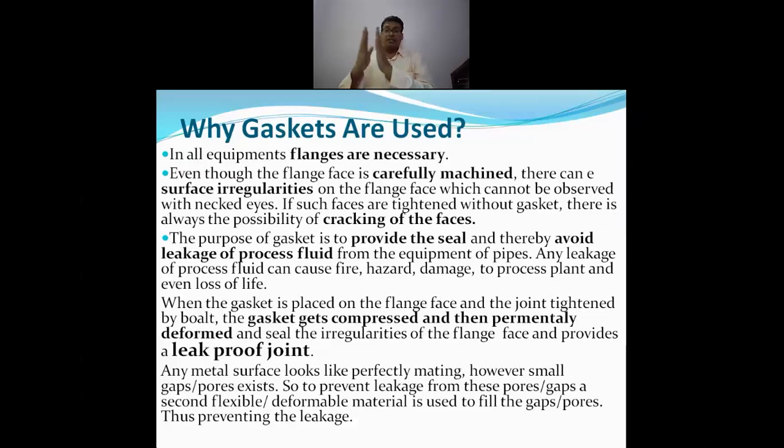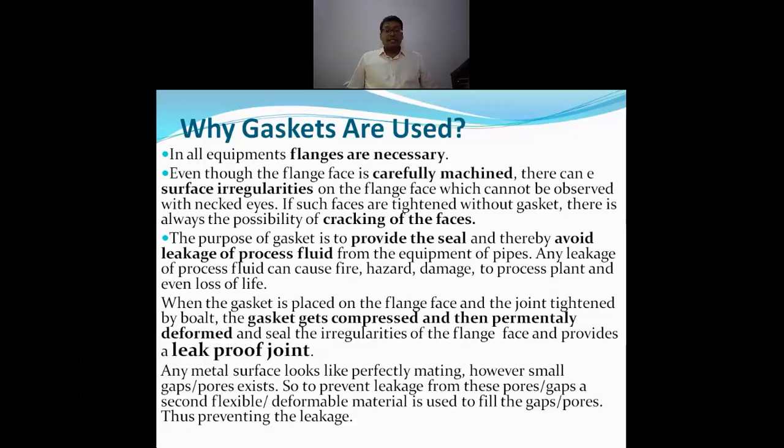Any type of gasket is compressed first when you tighten the bolts, then it gets permanently deformed, and then it fills the surface irregularities on the metal surface between two flanges, between two mating surfaces. Whatever irregularities are there are completely sealed by the deforming gasket material.